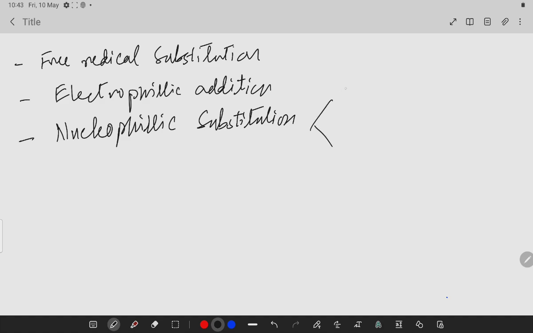And we have discussed SN1 and SN2 reactions. SN1 is in 2 steps, slow, and only one molecule, one reactant, the haloalkane, determines the rate of reaction.